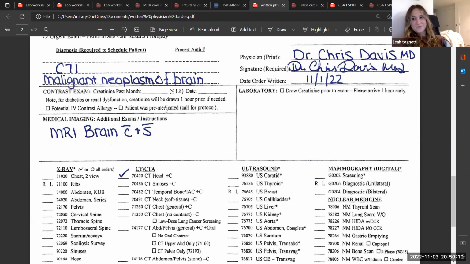And when they're both given contrast, are they given the same type or a different type of contrast? Different. So MRI contrast, gadolinium, is more of an iron-based contrast, and CT contrast is iodine-based contrast. Here's the kicker. Our contrast shows up on CT.